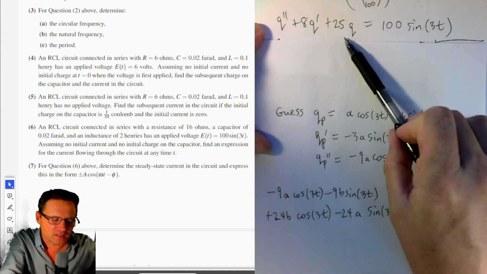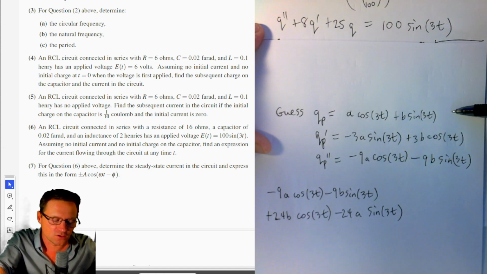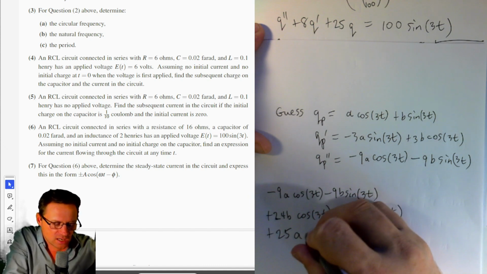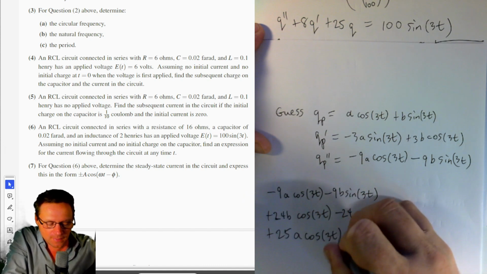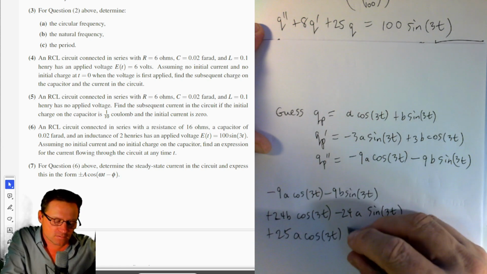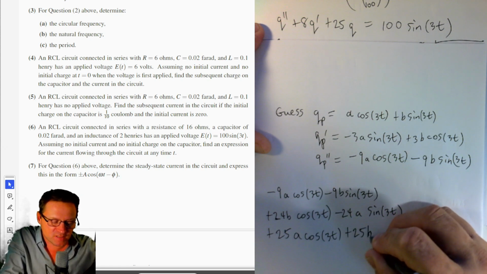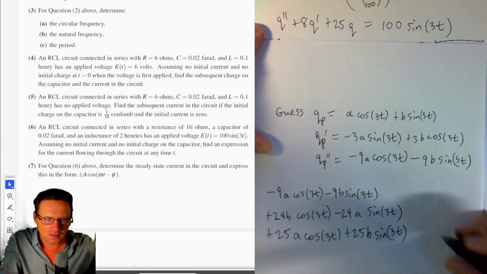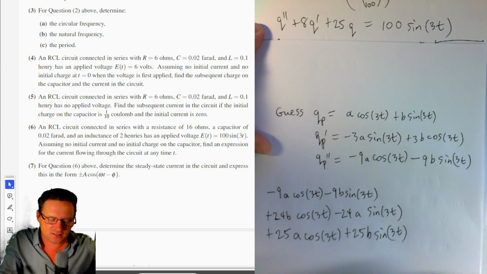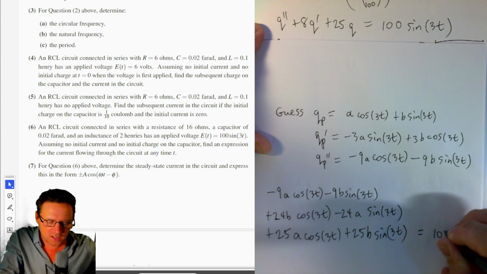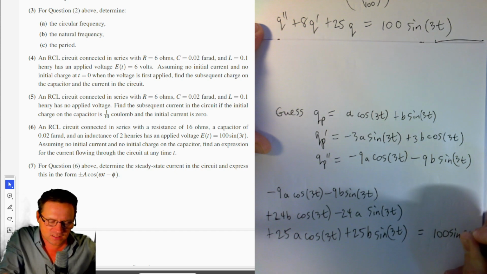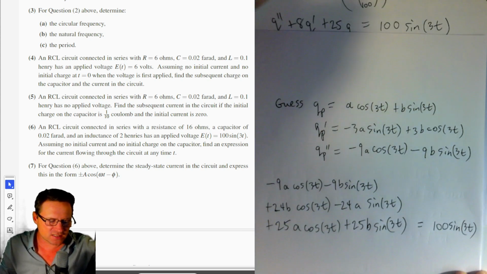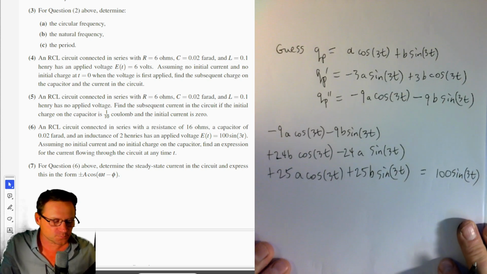Okay, next we have plus 25 of the Q_p's. So plus 25a cos of 3t plus 25b sine of 3t. Okay, so all of these 6 terms add up to 100 sine of 3t. Okay, so let's express this in terms of cos and sine.